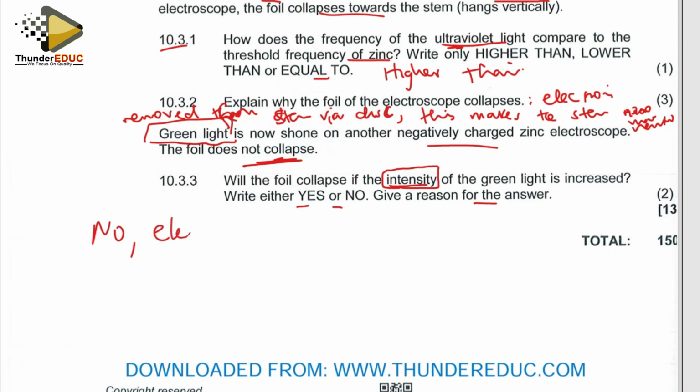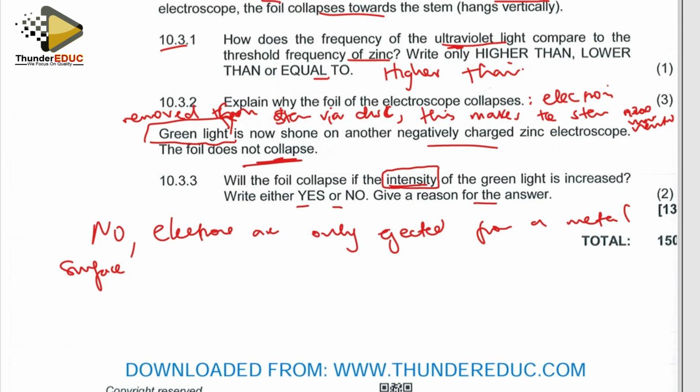You can say that electrons are only emitted, or only ejected, from a metal surface with a range of frequencies and kinetic energy.